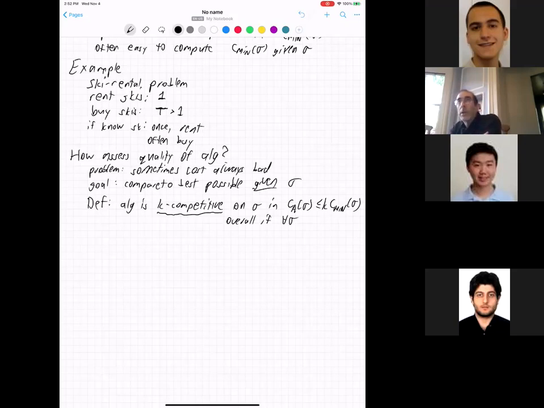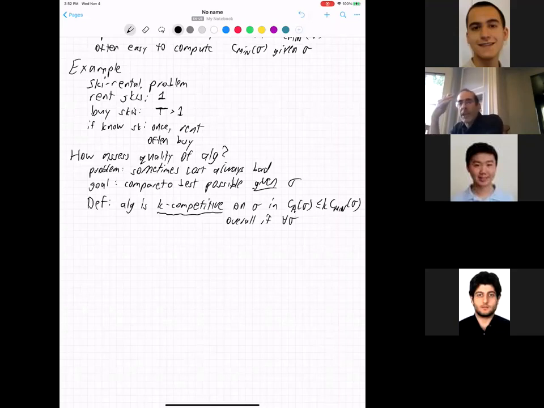Okay, so we're looking at the ratio of our algorithm's cost to the cost of the clairvoyant algorithm that knows the future. And why do we look at a multiplicative ratio? Well, for the same reason we looked at multiplicative ratios for approximation algorithms. You can define additive competitive ratios, but for most problems, they don't exist.